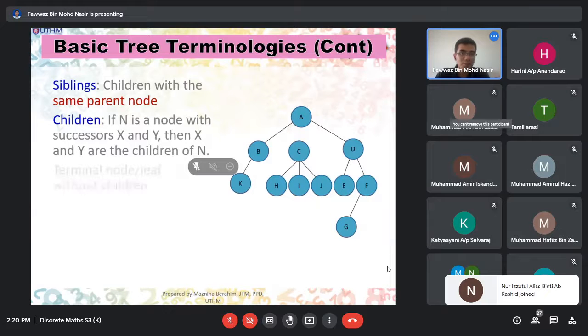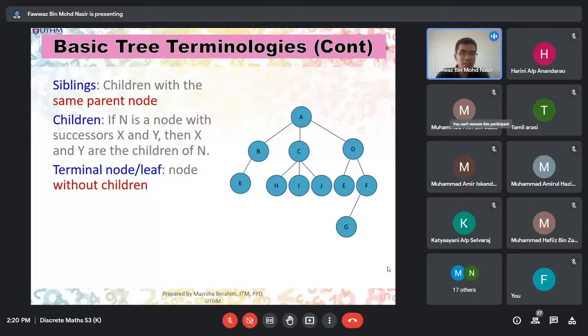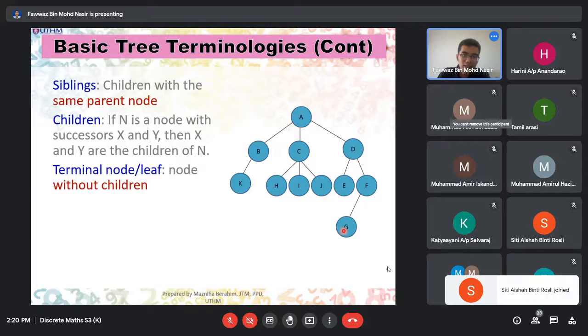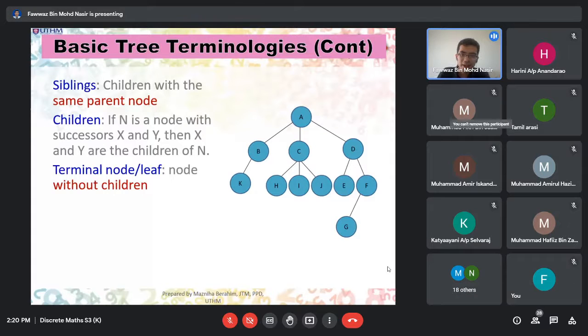Okay, kemudian terminal node or leaf, okay, adalah the node without children. Okay, so dalam kes ni leaf node ataupun terminal node adalah K, H, I, J, E and G. Okay, mana-mana node yang without children. Okay, kemudian subtree pula. Okay, bila kita sebut subtree, this whole diagram is a tree.